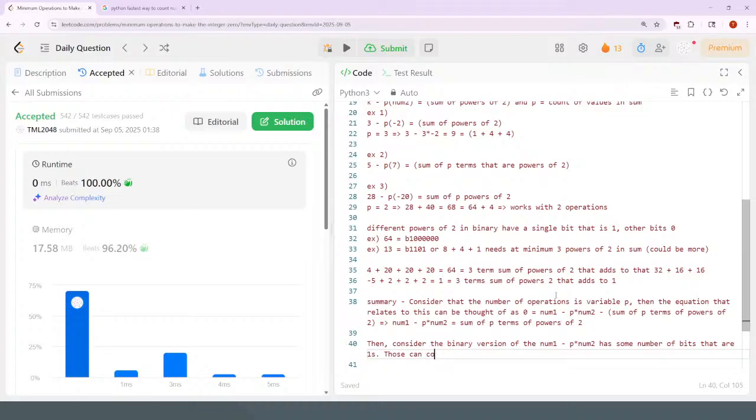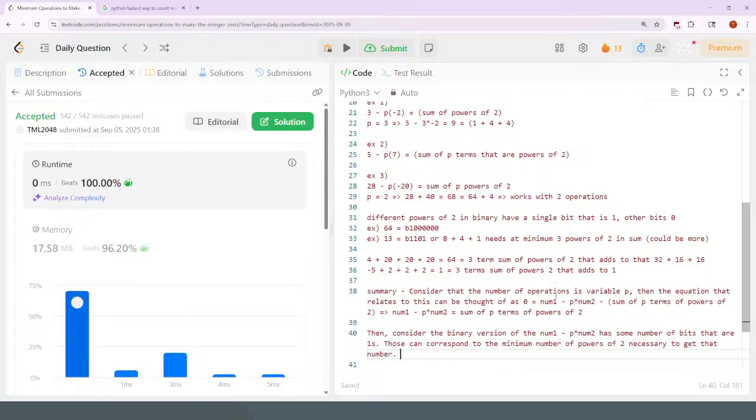Those correspond to the minimum number of powers of 2 necessary to get that number. So for example, 13, which is in binary 1101, needs at least 3 powers of 2 to get it.